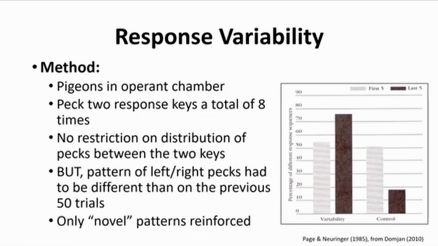So we can actually start seeing more stereotyped behavior if we're not reinforcing variability. If response variation is a requirement for reinforcement, like in our experimental group here, we can see an increase in variability.